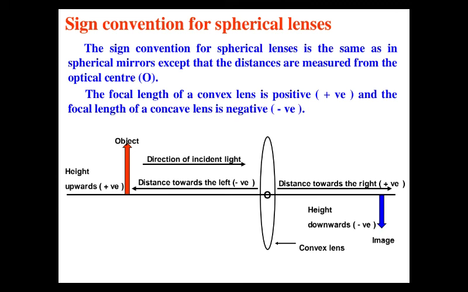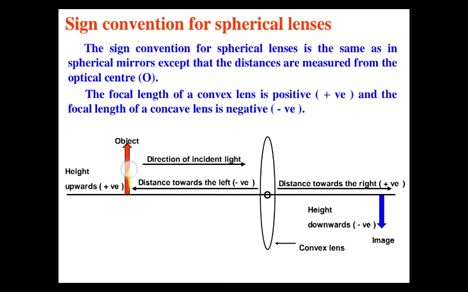That's the reason we always take u as negative, because the object is always placed on the left side of the lens. If the image is formed on the right side of the lens, that distance, that is v, will be positive, and if the image is formed on the same side, that is in case of virtual and erect, then v will be negative.